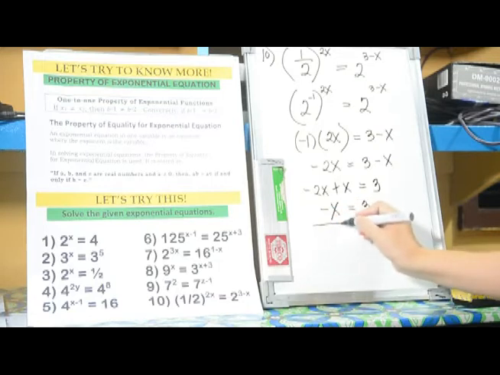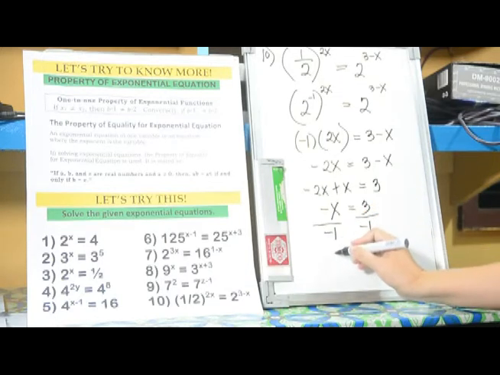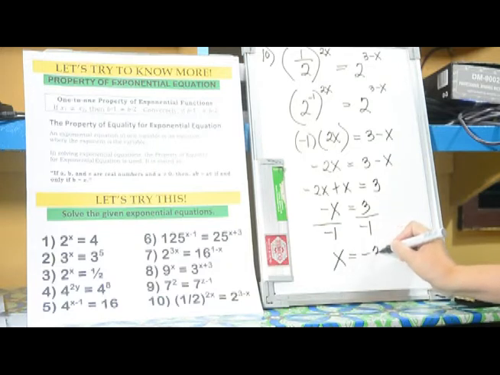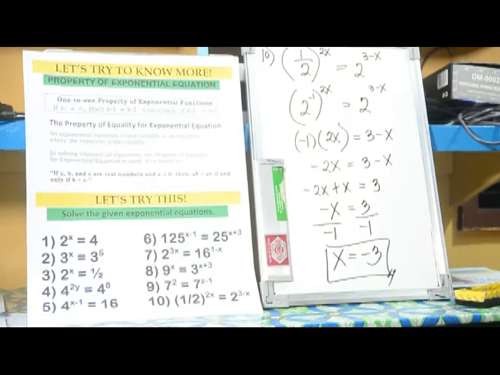And let's divide both sides by negative 1 to make the value of x positive. So this will give you x, positive x, is equal to negative 3. And this is the answer for the last example, which is number 10. So your x is equal to negative 3.